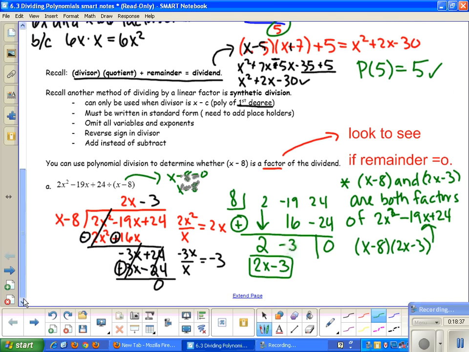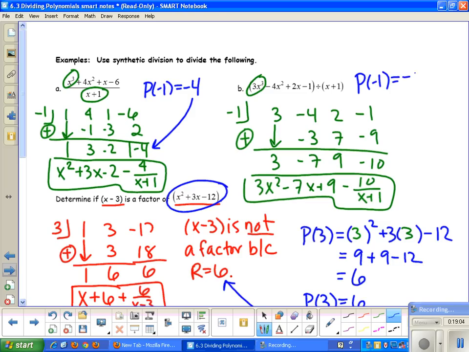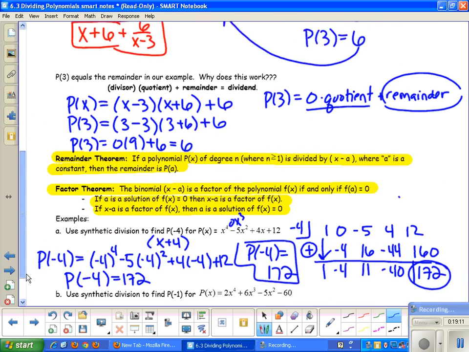If I did this equation right here, so that means if I did p of 8, p of 8 is going to be equal to 0 because our remainder is 0. And then over on the next page, for these problems, if I did p of -1, it should be equal to -4 because my remainder was -4. And over here, if I do p of -1, I would get -10 because my remainder is -10. So it's a nice way to check your synthetic division or long division.